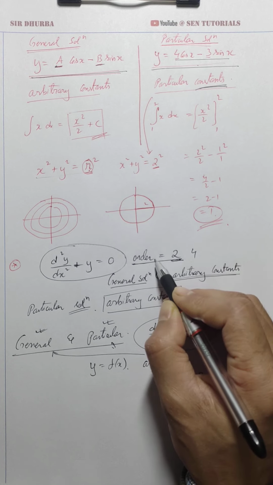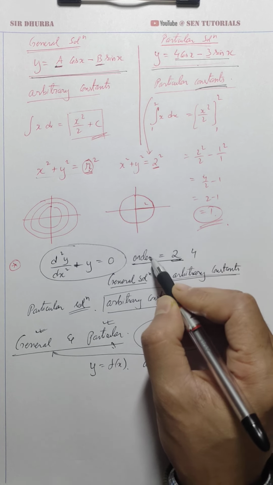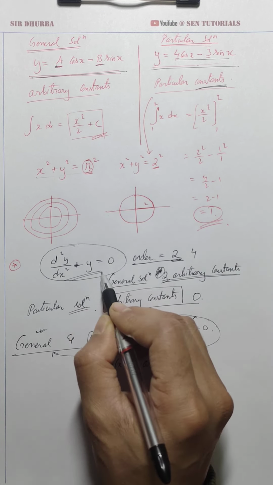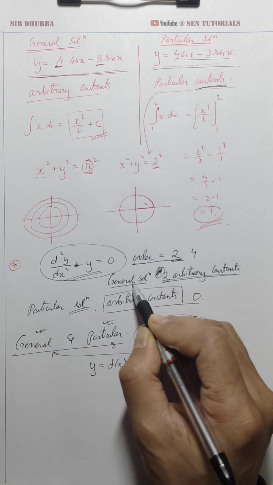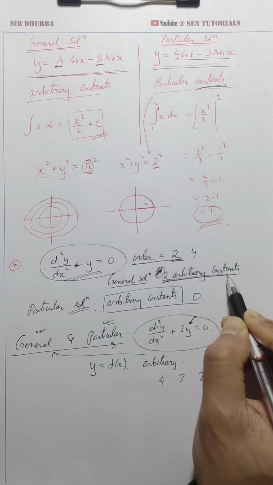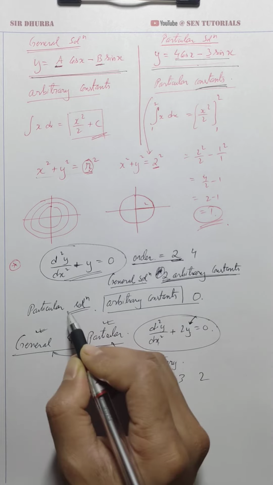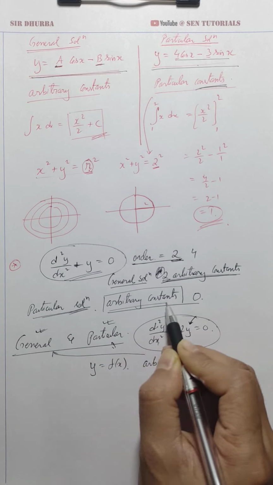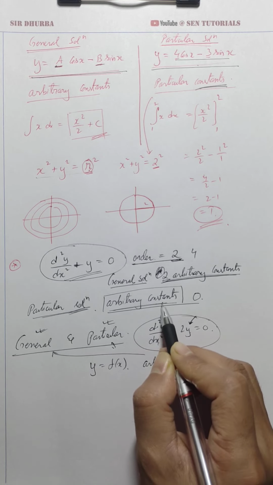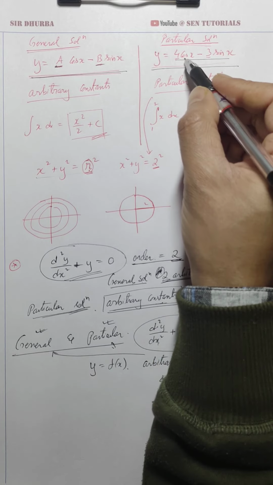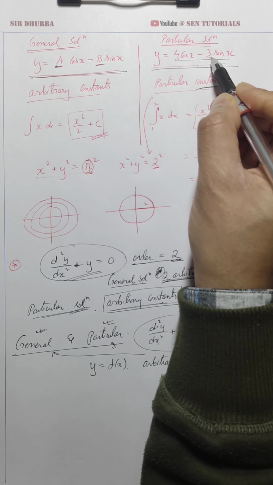If the order of the differential equation is 2, then in a general solution there should be 2 arbitrary constants, but in a particular solution there won't be any arbitrary constants, because we have constants only.